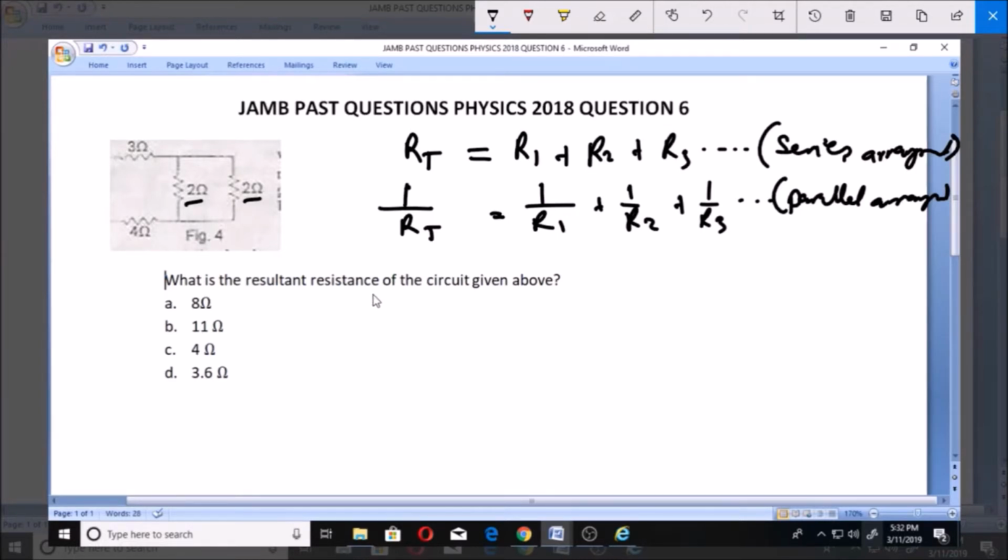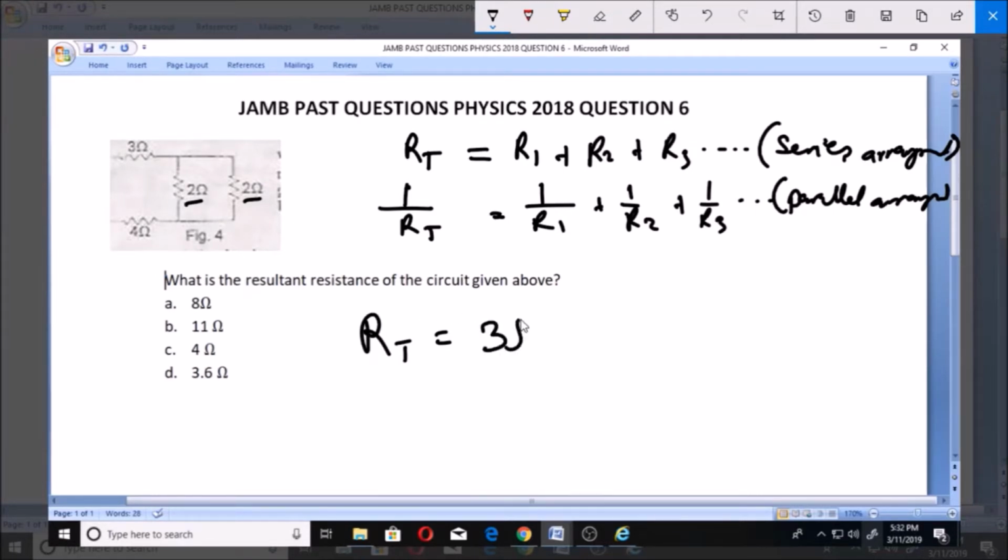This figure shows 2 ohm resistors, which are in parallel, but they are now combining in series with the 3 ohm and 4 ohm. So the total resistance will be given as shown. R total is in series with both of these.